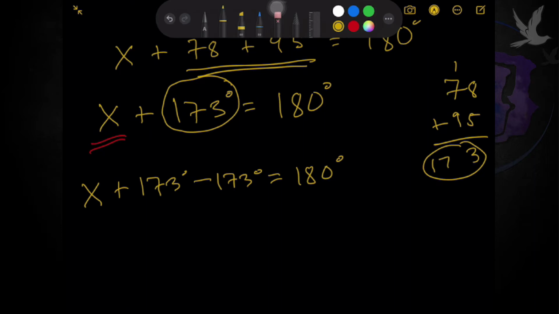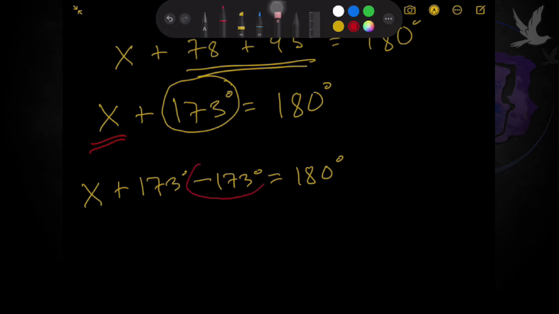But then again, if you still remember that I always remind you, what you do in one side of the equation, you should also do on the other side of the equation. Okay, yun ang golden rule when it comes to mathematics. If you notice that we subtracted 173 degrees in this side of the equation, which means you should also subtract 173 degrees from the other side of the equation.